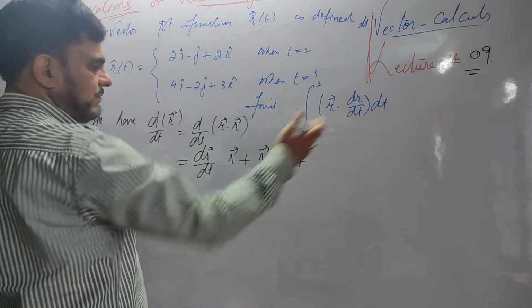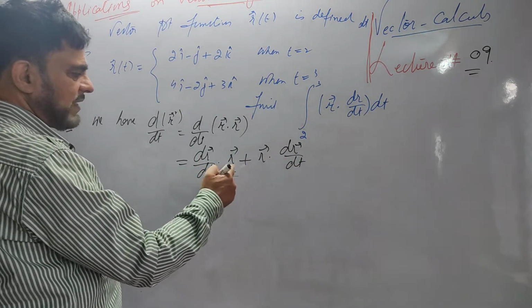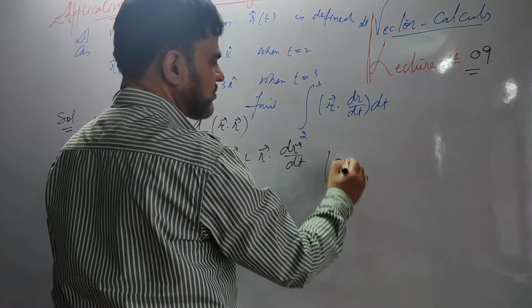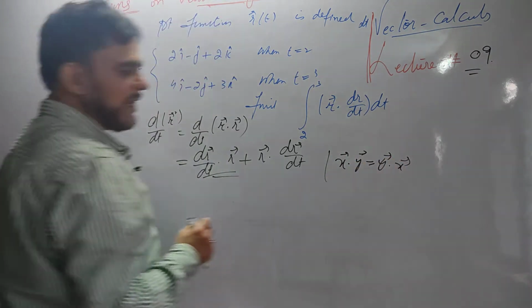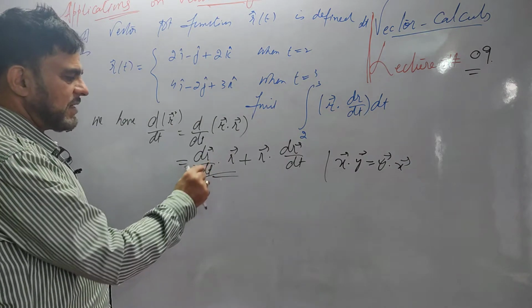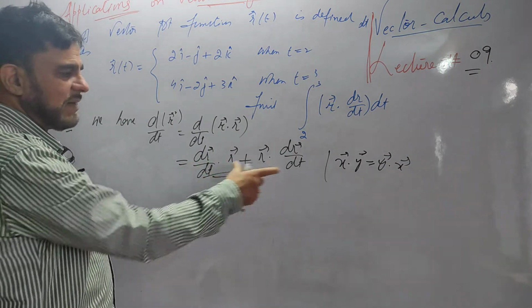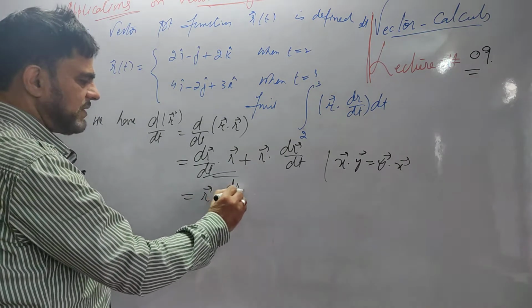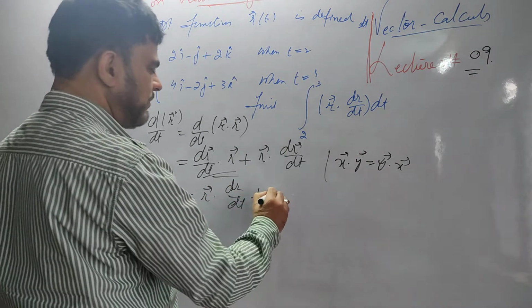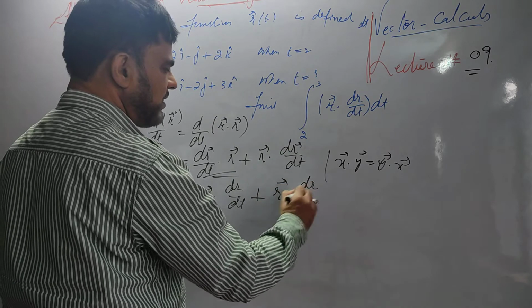Now I need this one. Because you always have that x dot y is equal to y dot x, there is no ambiguity if I write this dr by dt dot r as r dot dr by dt, so that I will get this twice. This is equal to r dot dr by dt, plus again r dot dr by dt.